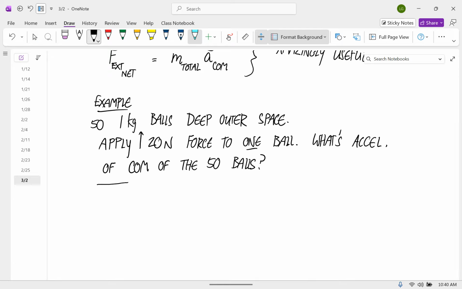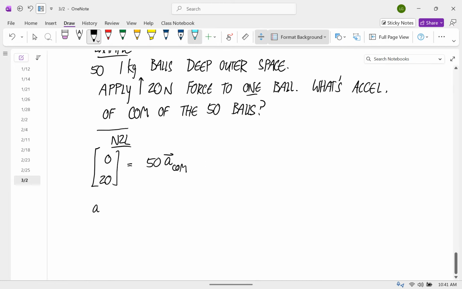So Newton's second law says we have a net external force of 20, and that's equal to 50 times the acceleration of the center of mass. Just divide, and yeah, 0.4. So the acceleration vector of the center of mass is (0, positive 0.4).